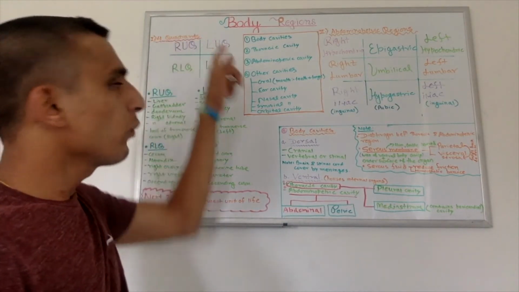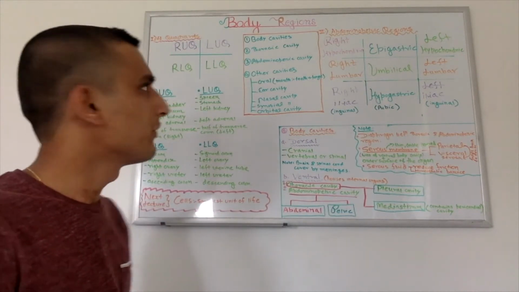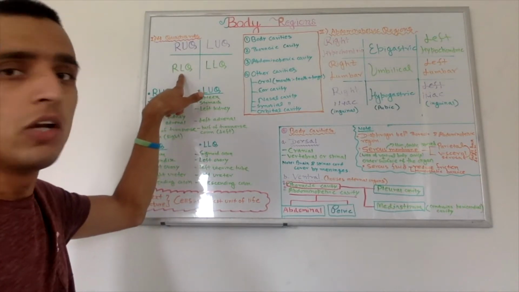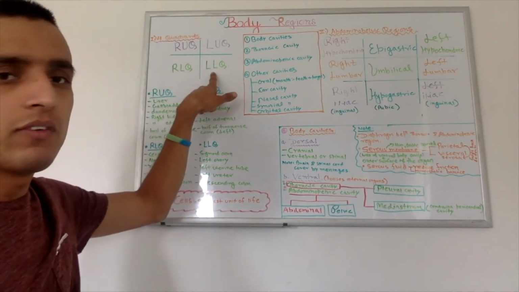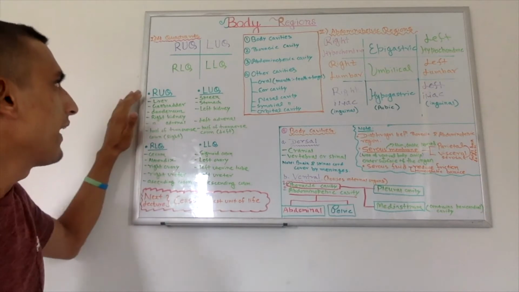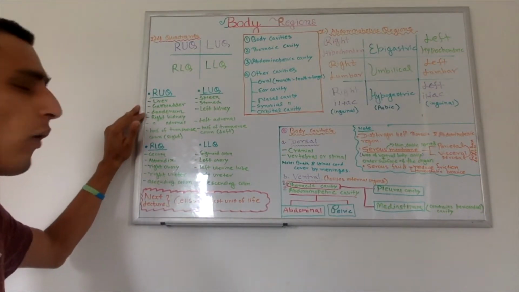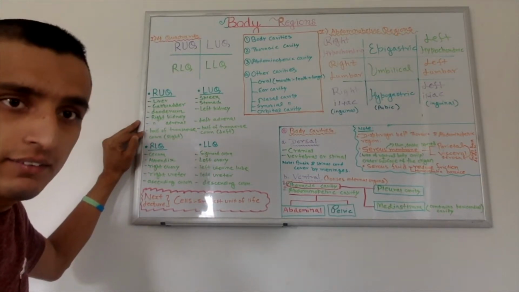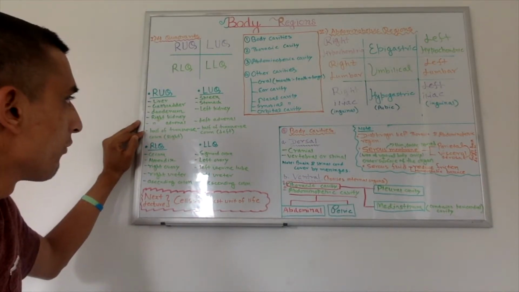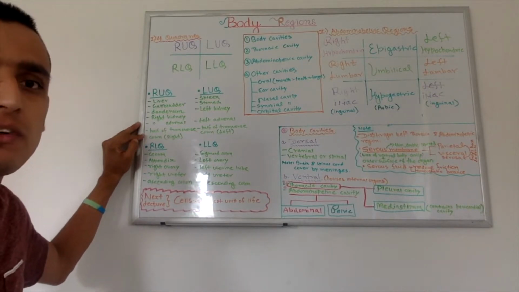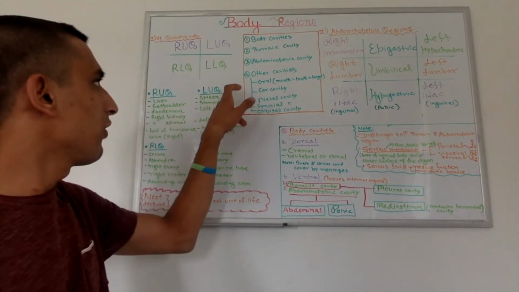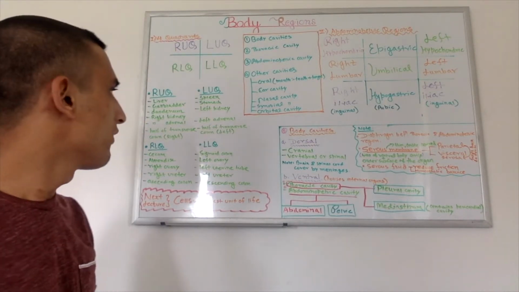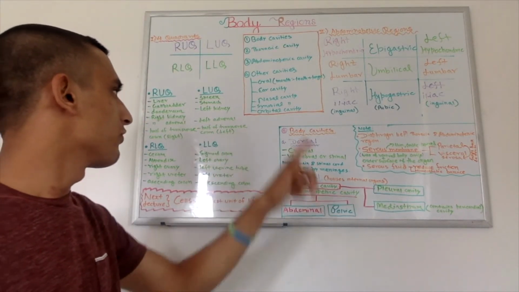Now, the four quadrants of the abdominopelvic region are the right upper quadrant, left upper quadrant, right lower quadrant, and the left lower quadrant. The right upper quadrant has the liver, gallbladder, duodenum, right kidney, right adrenal gland, and half of the transverse colon, while the left upper quadrant has the spleen, stomach, left kidney, left adrenal, and the other half of the transverse colon.